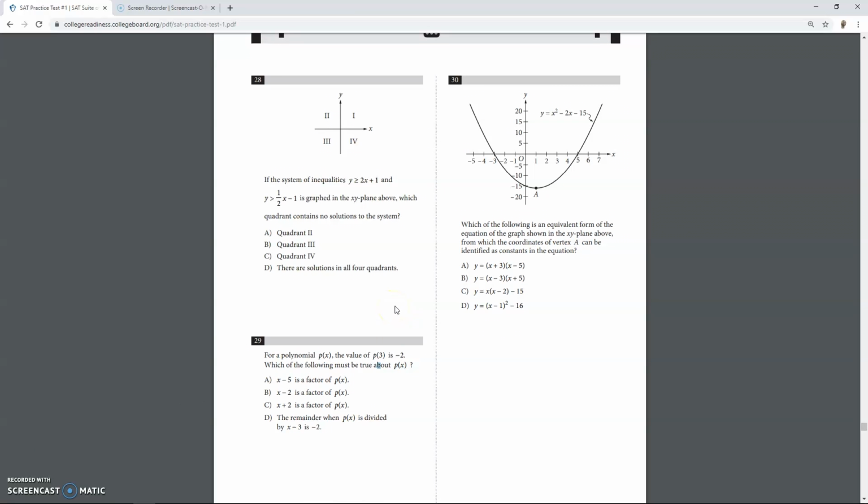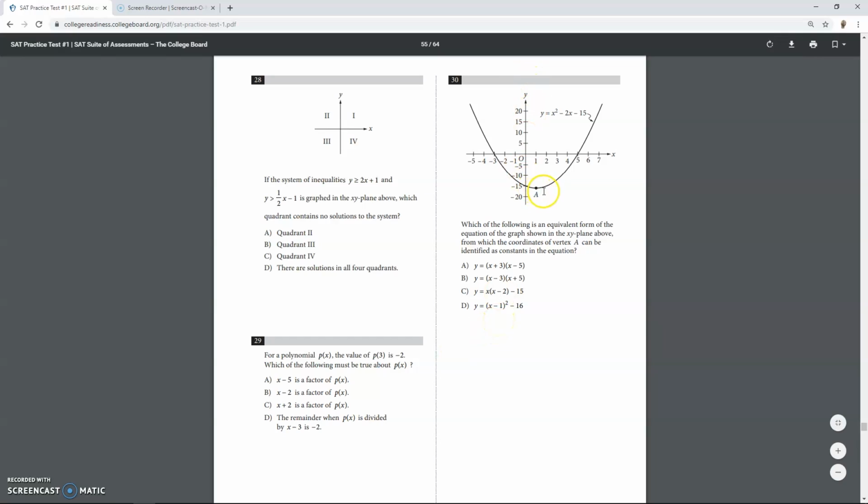For question 30, it wants to know which of the coordinates can be identified as a constant in the equation. So this means we need to have every other thing paired up except for a leftover value which shows what is at the point A. Besides, it must be the vertex, so there must be only one value of x.